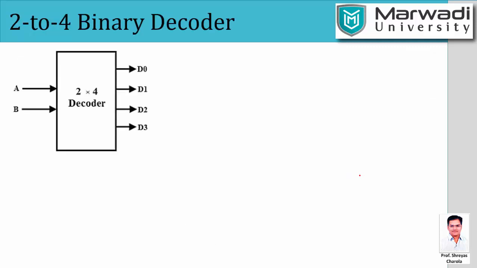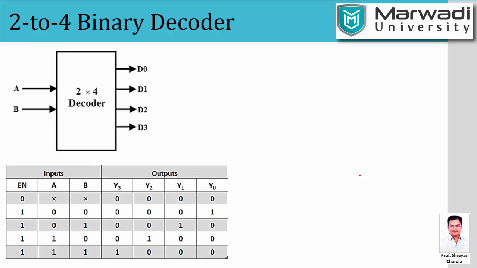Now take the example of the 2x4 decoder block, where I have A and B as the input, and D0, D1, D2 and D3 as the output. Now if it is 0 0, the output D0 will be selected and the rest of the outputs will remain 0. As I told, when the enable is 0, none of the inputs will go to the output and it will be in reset mode.